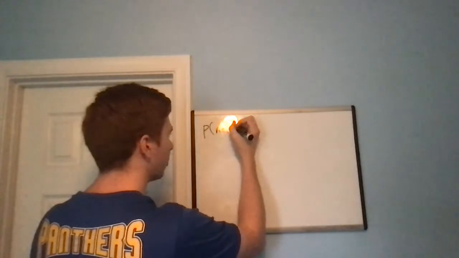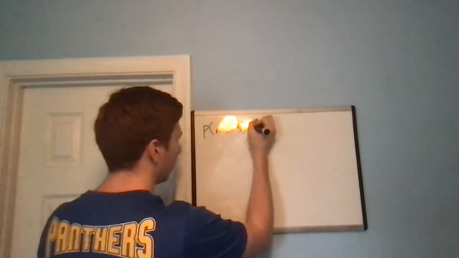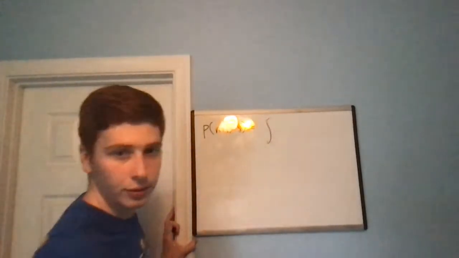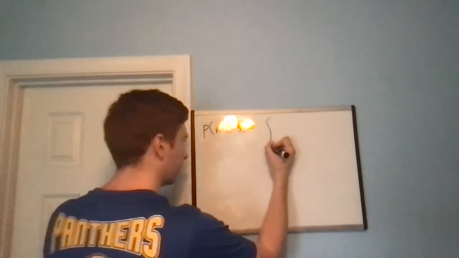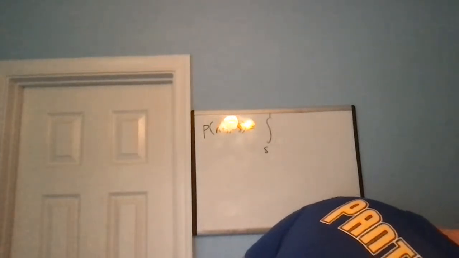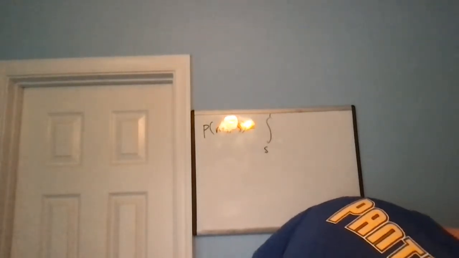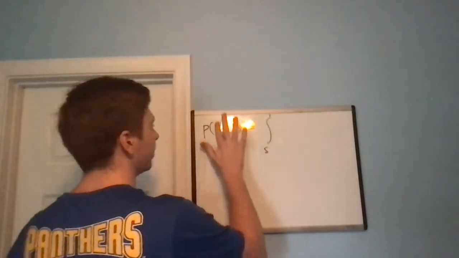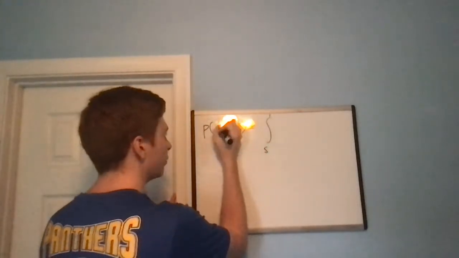So P of n plus 1, comma, I guess delta, is equal to the integral from delta to 1 of, I guess if you're really doing an induction, you assume it's true for k.